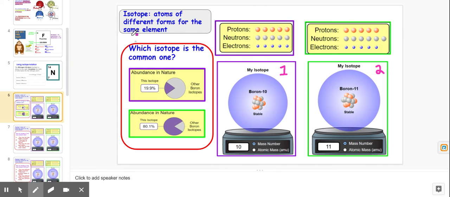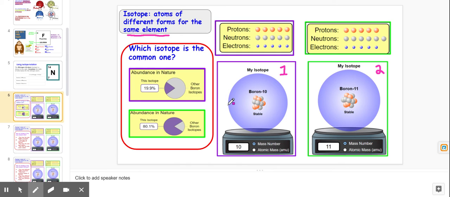In the upper left, I have the definition of an isotope. Isotopes are atoms of different forms of the same element. So we do not have isotopes of different elements. They're always for the same element. But there is something different about isotopes.